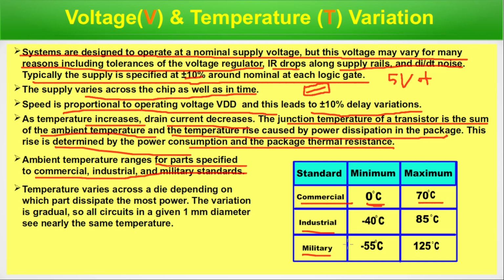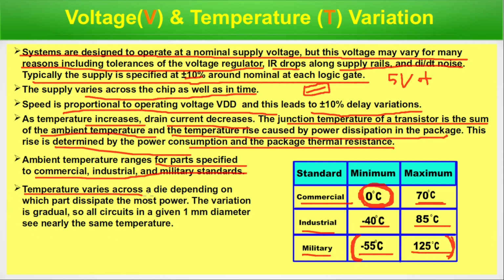Many industrial processes run at higher temperatures than normal operation. Industrial is minus 40 degrees to 85 degrees. The range in industrial is wider compared to commercial, and military is the harshest condition. The highest range is provided for military application.